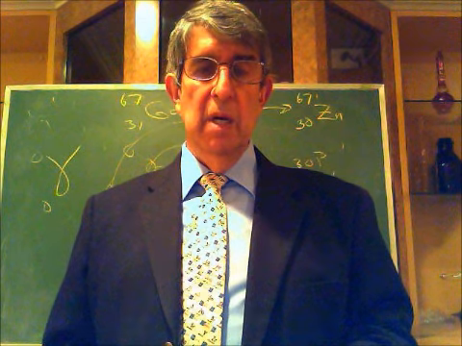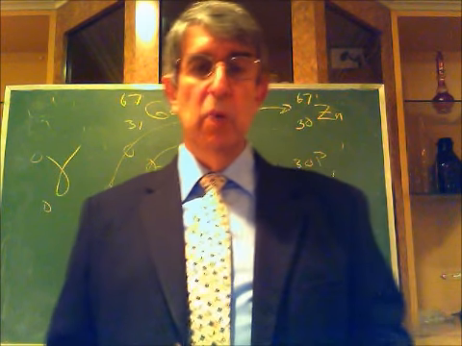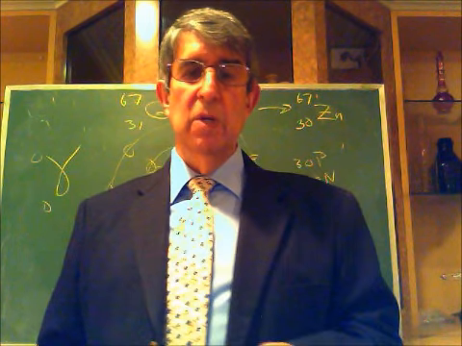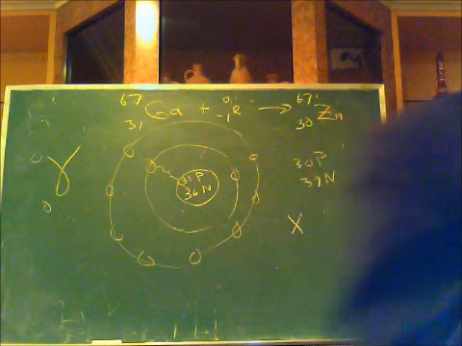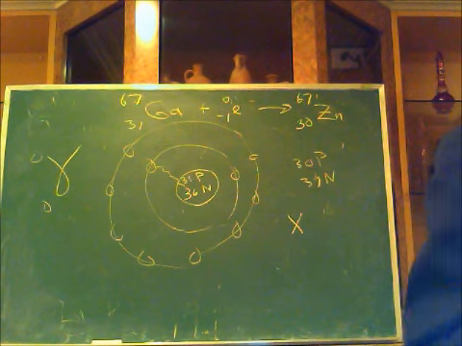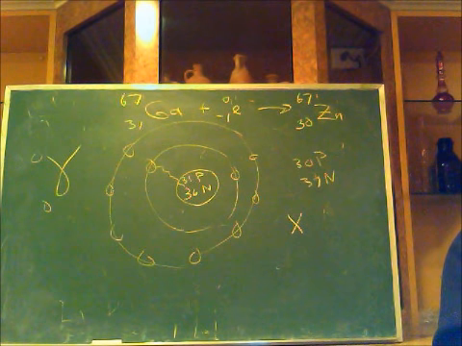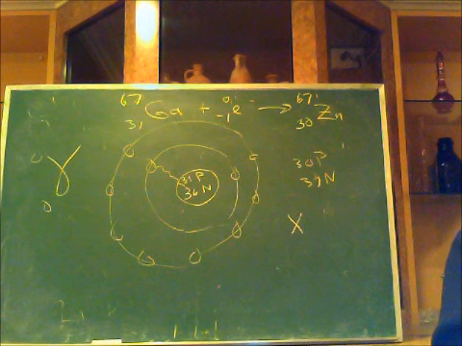But this element 43, technetium, was originally called masurium, M-A-S-U-R-I-U-M, but we refer to it as technetium today. And technetium is a radioisotope that is made from an isotope of molybdenum by, I believe, neutron bombardment.